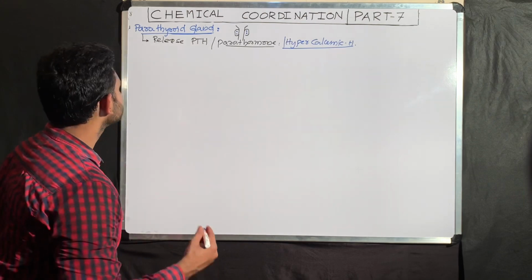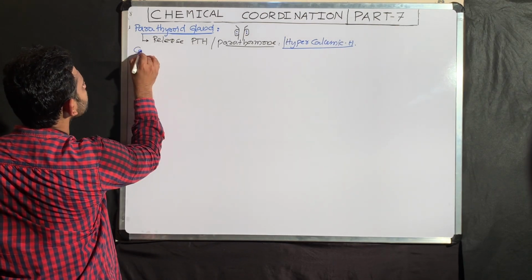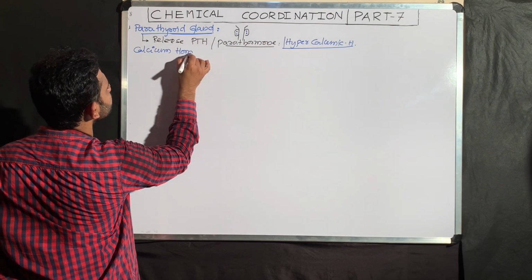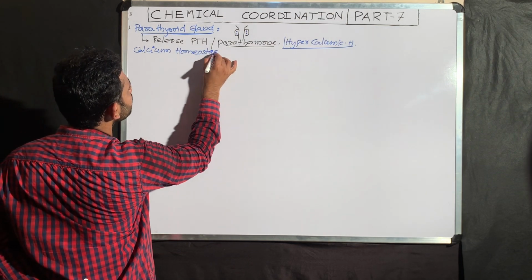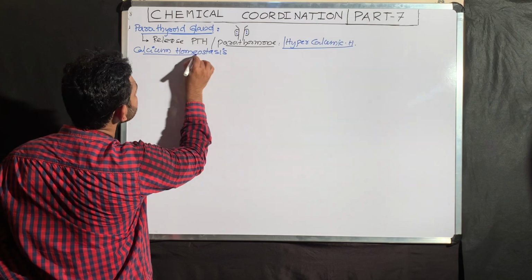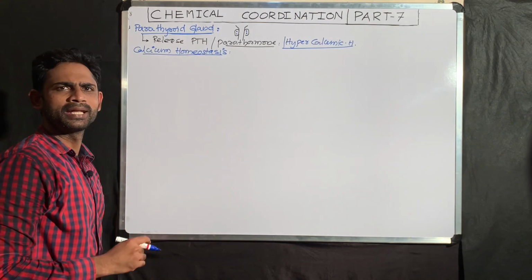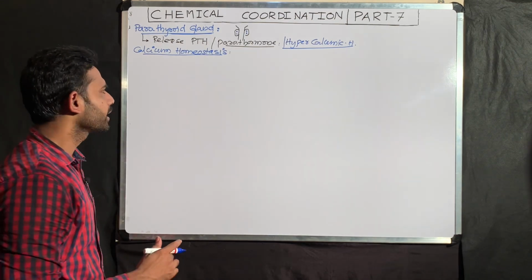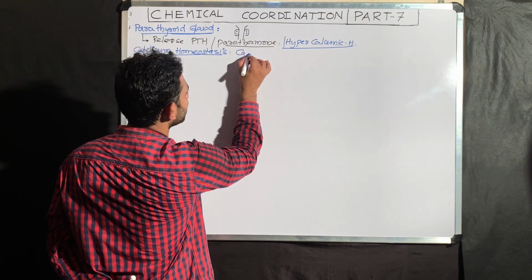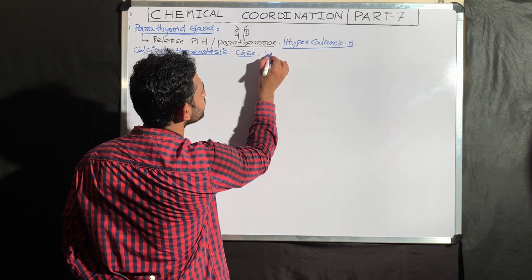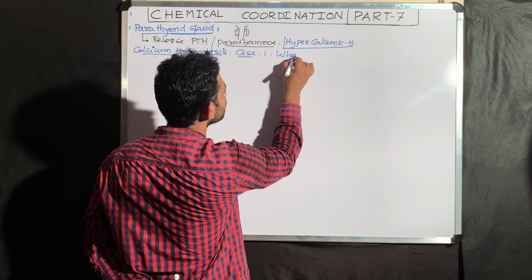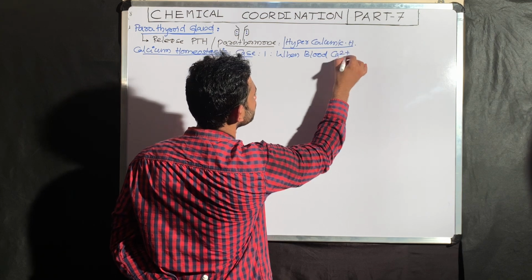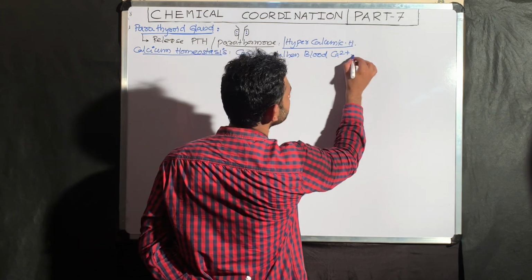Now I am going to explain calcium homeostasis. What is the meaning of calcium homeostasis? Maintaining the blood calcium level as a constant in the blood. Now take a case. Case 1 is when blood calcium level is high.